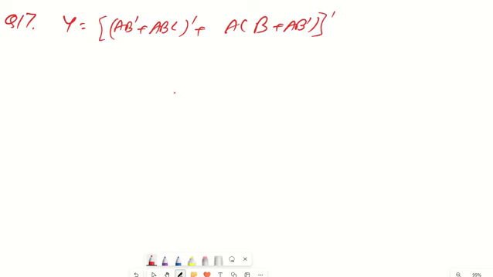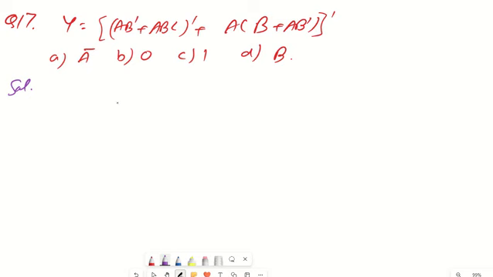The options are A: a', B: 0, C: 1, and D: b. So what would be the solution? You can try by yourself first and then you can see it here.